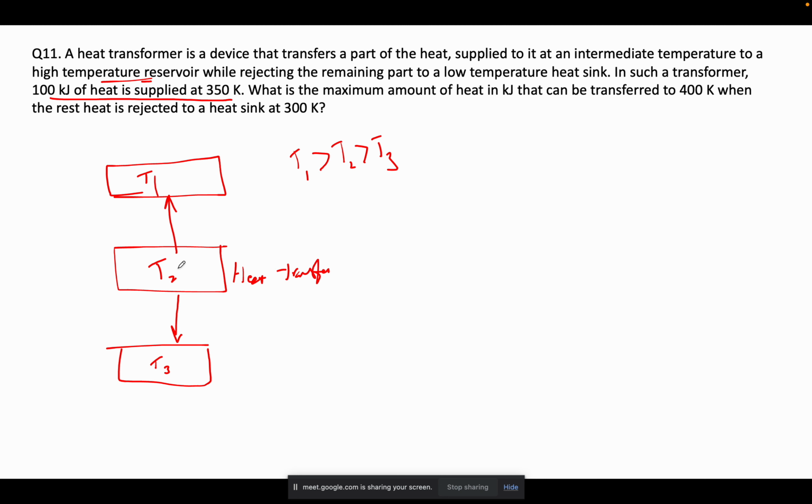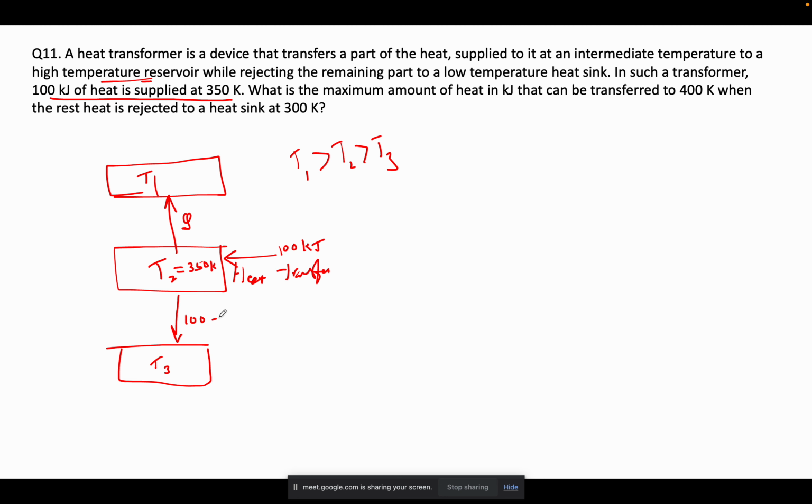That means T2 is equal to 350 Kelvin, and from somewhere it is getting 100 kilojoule of heat. Now what is the maximum amount of heat in kilojoule that can be transferred to 400? Let us say some amount of Q it is transferring to this source at the temperature T1, then what will be transferred here?